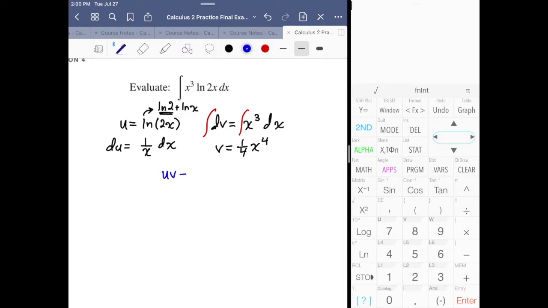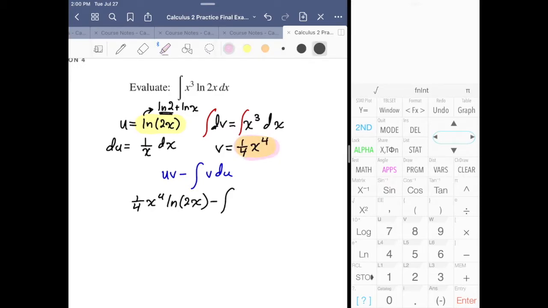All right, so uv minus the integral of v du. So u is ln of 2x. v is 1/4 x to the 4th. So put them together, unless you want to use the expanded form. But if you put them together, we're looking at 1/4 x to the 4th ln of 2x minus the integral of v du.